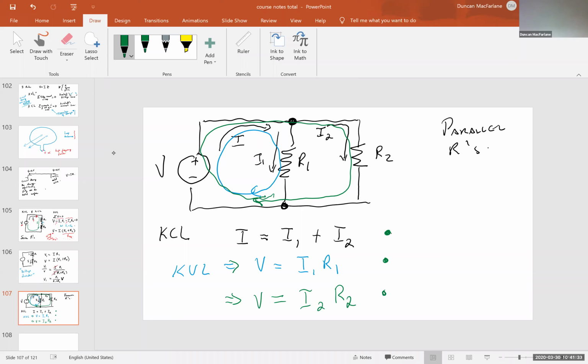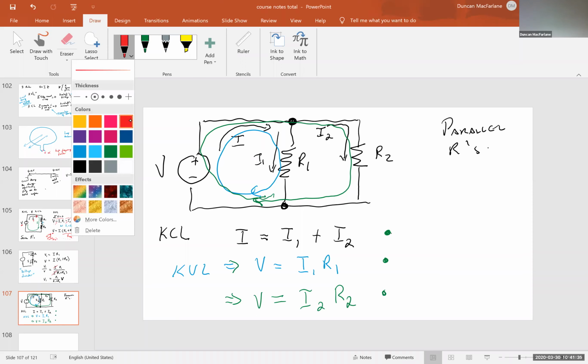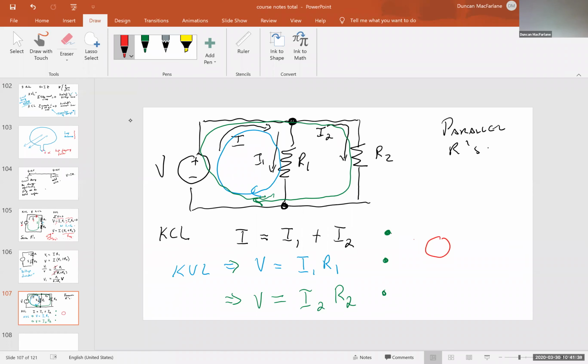And then the last thing I want to draw is an R equivalent, which can also lead to a Kirchhoff's voltage law.